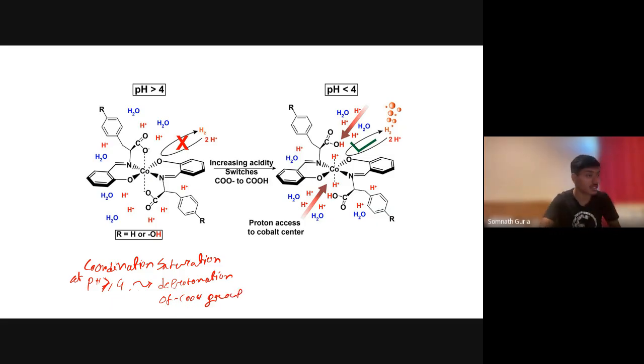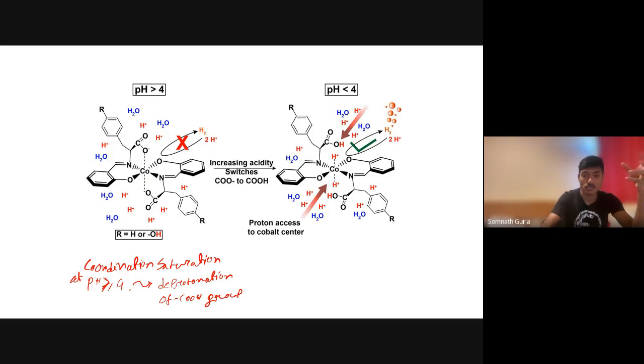Okay, and then whenever it's below pH 4, this COOH becomes protonated, and there is less chance of coordination of this COO minus ligand, and there is a vacant site over there, the cobalt site.